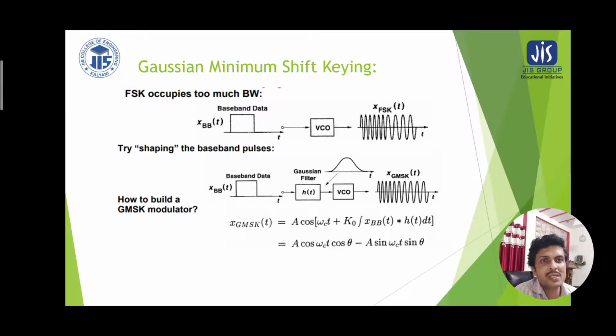So if we look at the signal x GMSK of t, it is the time domain representation of the Gaussian minimum shift keying signal, which is written as a cos omega ct plus k0 multiplied by the integration of x bb of t convolved with h of t dt. Here h of t is the impulse response of the Gaussian filter.